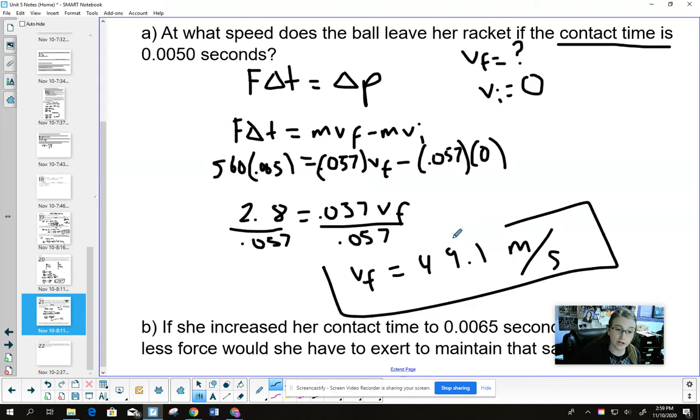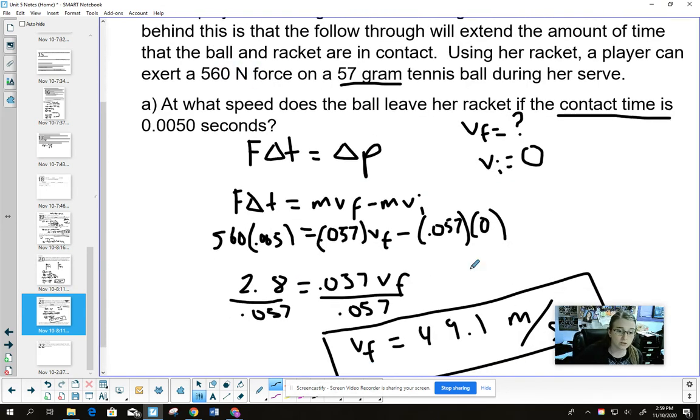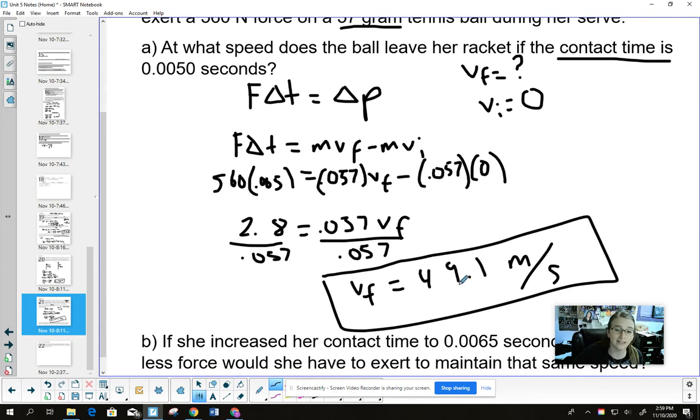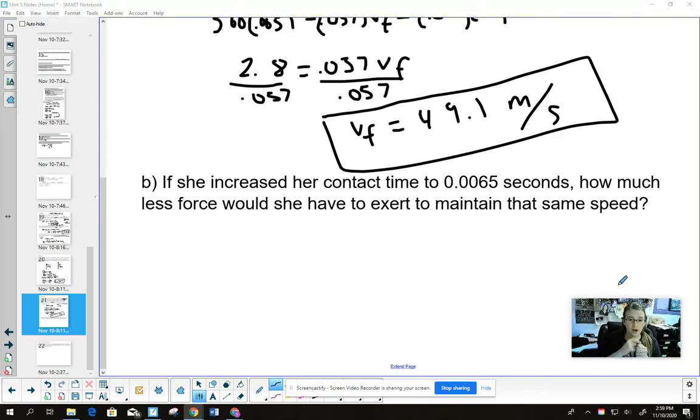So that's moving pretty quick for a ball, yeah? So if she is able to exert that force, that's how fast the ball can leave her racket with this contact time. So again, what we just said is tennis players are trained to really try and follow through so that the ball is in contact with the racket as much as possible.